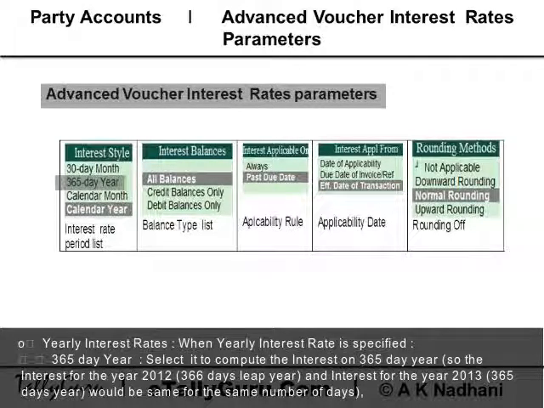Yearly interest rate. When yearly interest rate is specified, select 365-day year to compute the interest on a 365-day year. So the interest for the year 2012, a 366-day leap year, and interest for the year 2013, a 365-day year, would be the same for the same number of days.